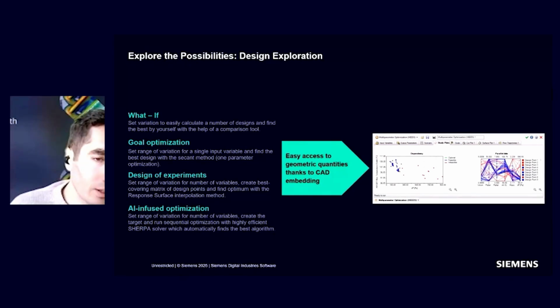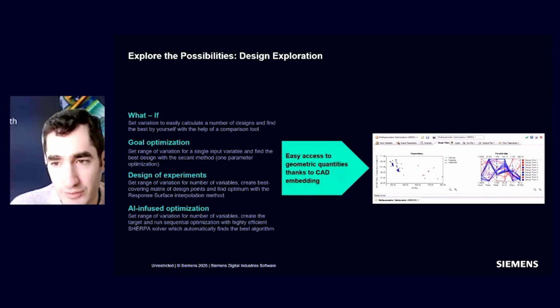So Simcenter allows you to do different kinds of design explorations: a what-if analysis, which is a very simple parametric analysis where we manually compare different configurations. Then we can also do goal optimization, so we can find the best configuration.